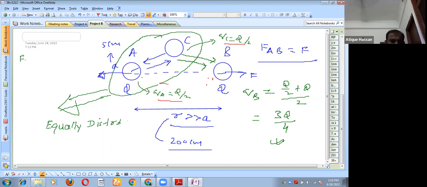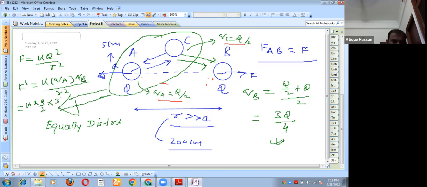Initially, force F was K Q square by R square, since the initial charge was Q. Now what will be F dash? F dash will be K times charge on A into charge on B, divided by the distance square, which remains the same. So now put the values. QA is Q by 2, and QB is 3Q by 4, over R square.